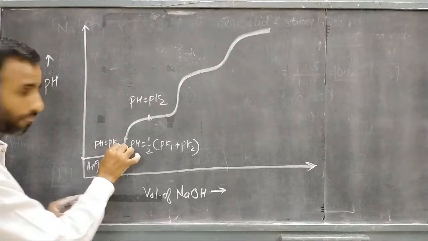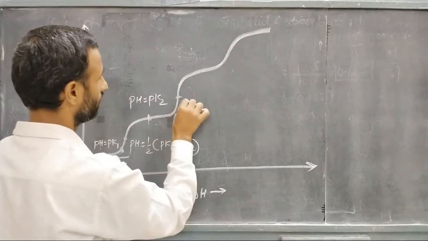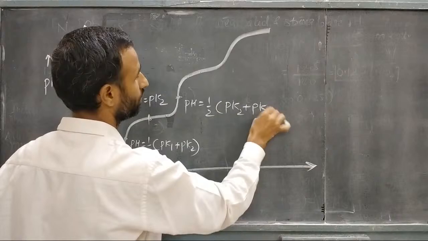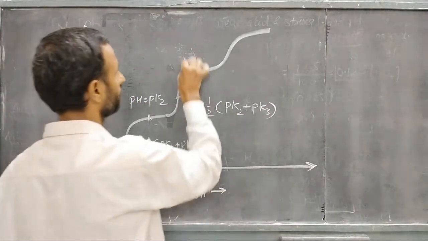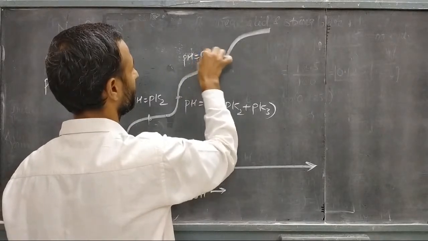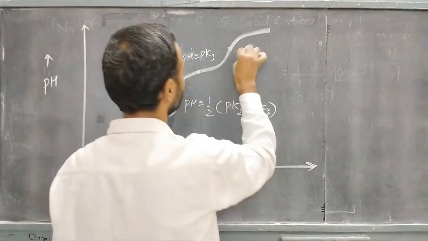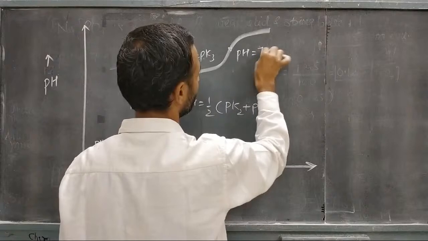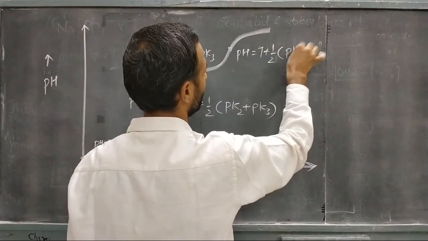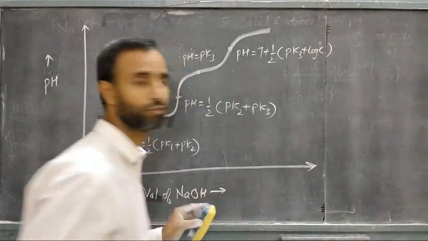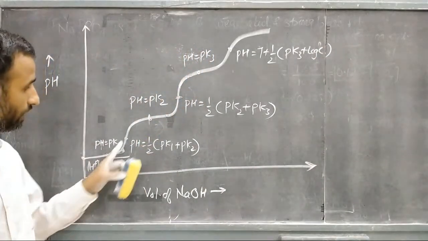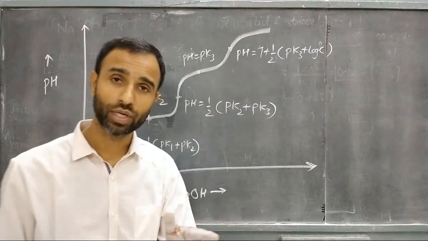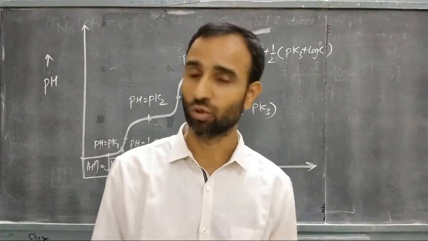This is a buffer solution. Then pH equal to half of pK2 plus pK3, then again pH equal to pK3, and then pH equal to 7 plus half of pK3 plus log C. Okay, so in this way there are 3 equivalence points in the titration of phosphoric acid versus sodium hydroxide.